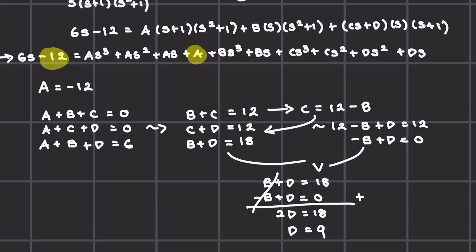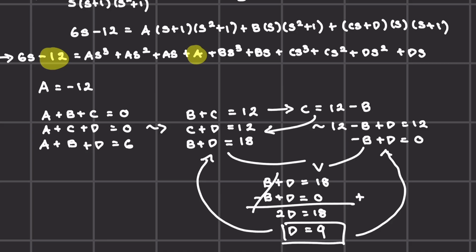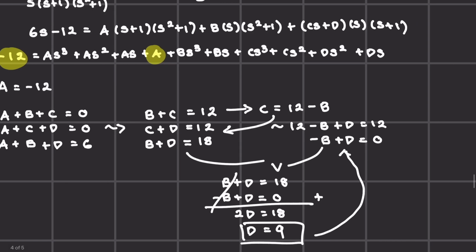Now we want to substitute this D back into our equation. It doesn't matter which one, but I'm going to use the one with the 0, so it's easier. So we have negative B plus D, or 9, equals 0.